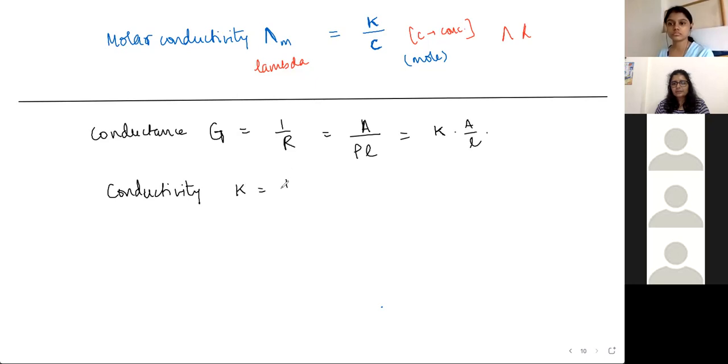Conductivity K equals 1 by rho. Substituting, G will be equal to K into A by L.